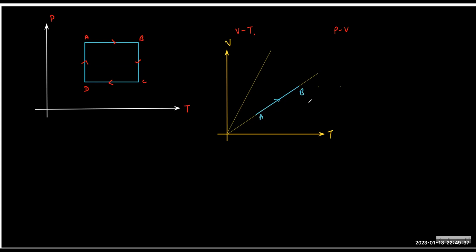So B to C. What is B to C? Isothermal. Isotherm. Okay, I need to make this slide. So in B to C, what will happen?